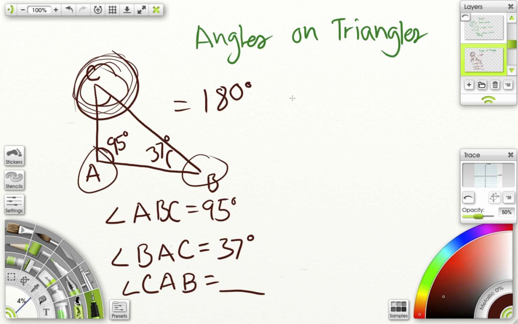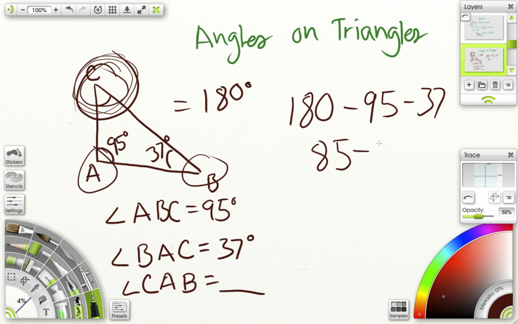To do it, I take 180, minus 95, and then minus 37. 180 minus 95 equals 85. 85 minus 37 equals 48.